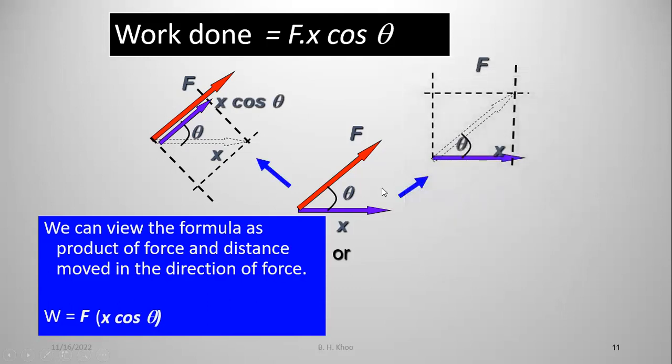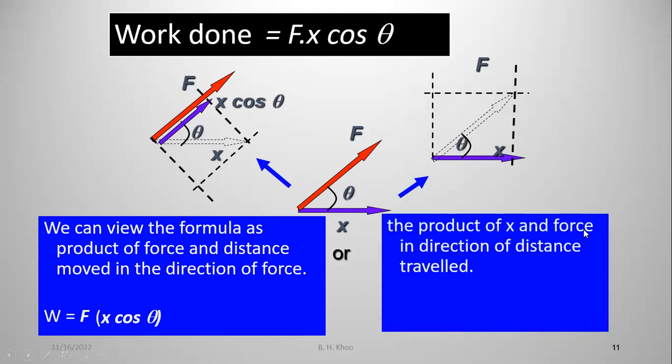Or you can look at it as that being the displacement. Now resolve the force in the direction of the displacement. Right? That's your x times your F cos theta. Same. Both of them give the same answer, either one.